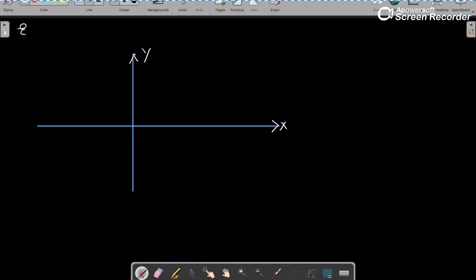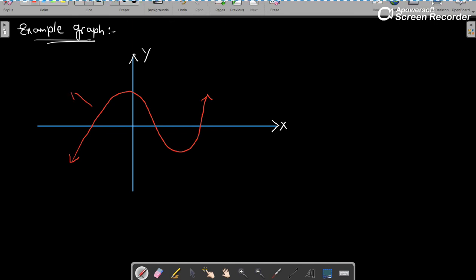Now let me take an example graph and understand how the gradient graph is drawn for it. I hope this would be something like a cubic graph. I don't know its equation, so I'm just going to represent this with some random shape. I take this as y equals f of x.